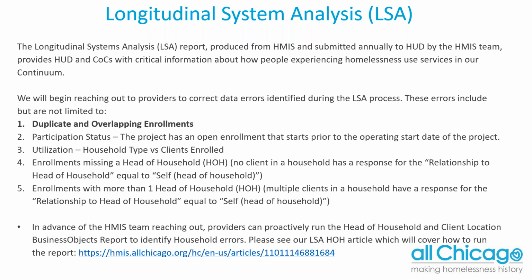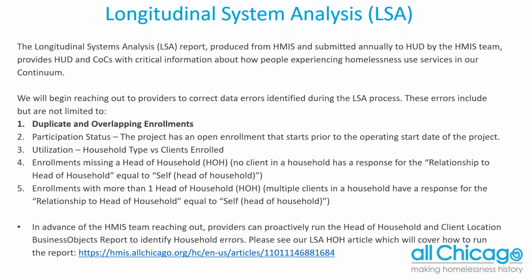Enrollments that are missing a head of household, which means no client in the household has a response for relationship to head of household as self, and enrollments with more than one head of household, where multiple clients have a response equal to self. There are lots of other kinds of issues that we'll see on the next slide, but these are the ones that we'll be reaching out about as we work through the various kinds of errors that are showing up as we do these trial runs of the LSA.